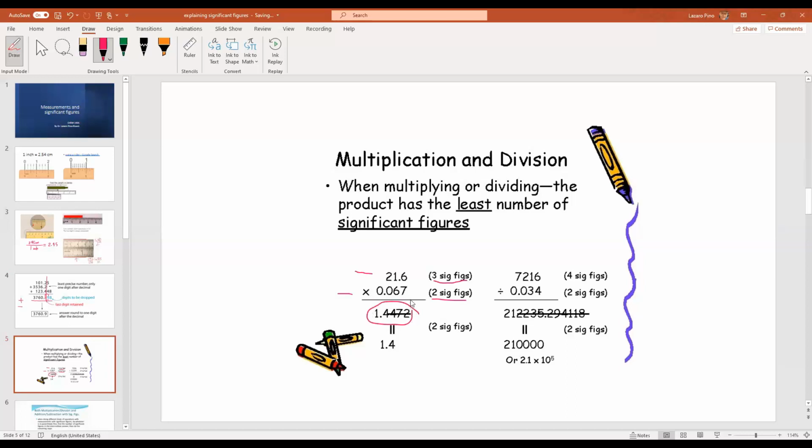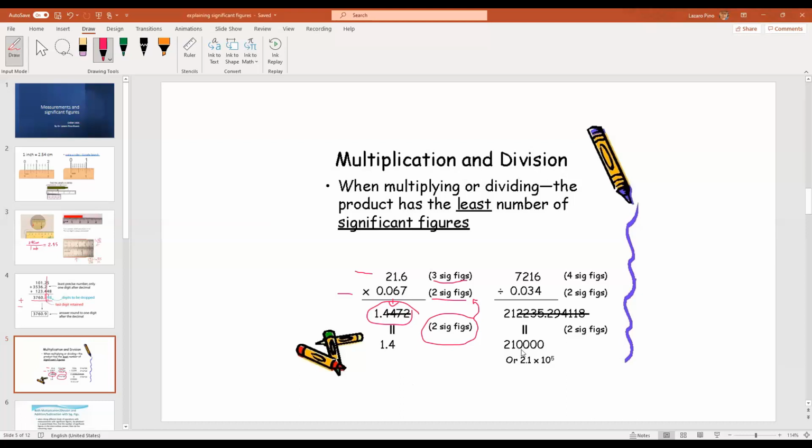But how many significant figures do you have to report? You have to report the number of significant figures that coincide with the number with the least significant figures. In this case, 2. Then you have to skip the 4. As the 4 is lower than 5, you don't round up.